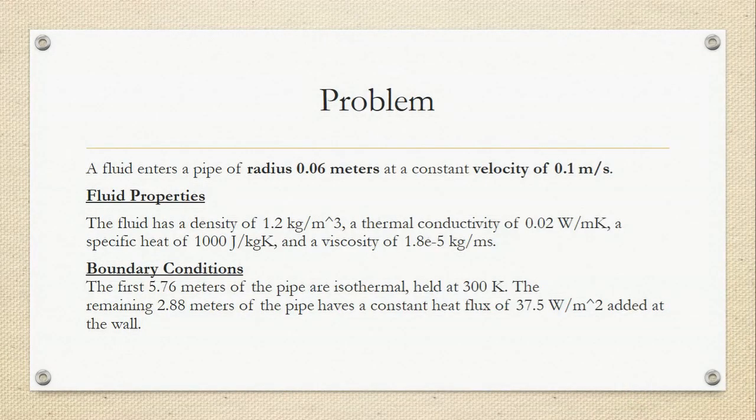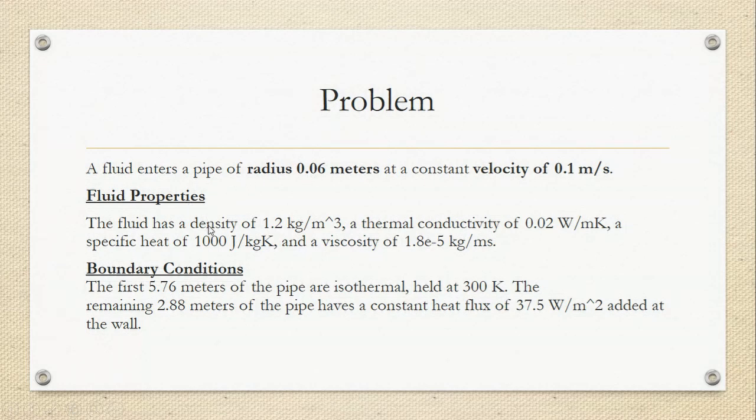Our 2D steady convection problem is that a fluid enters a pipe of radius 0.06 meters at a constant velocity of 0.1 meter per second.